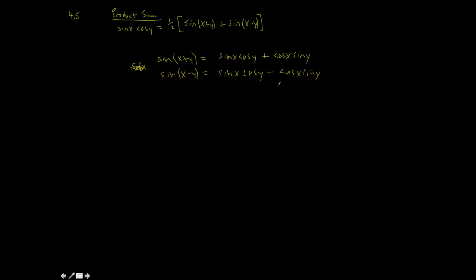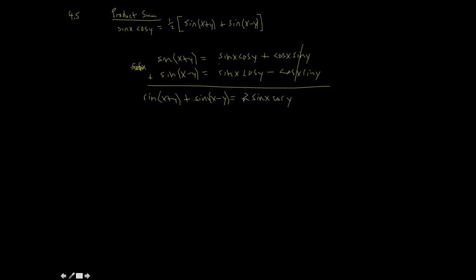So if I were to add this together, I would have the sine of x plus y plus the sine of x minus y equals, well, these cancel each other out, so I'm just left with 2 sine x cosine y because they're like terms.